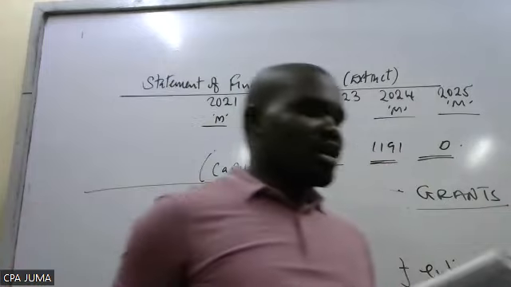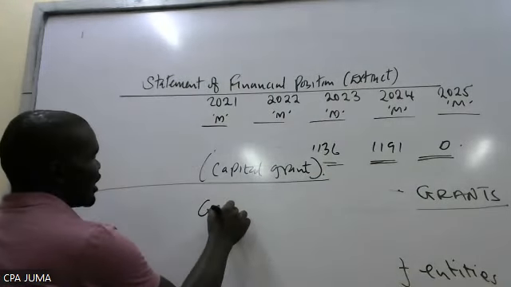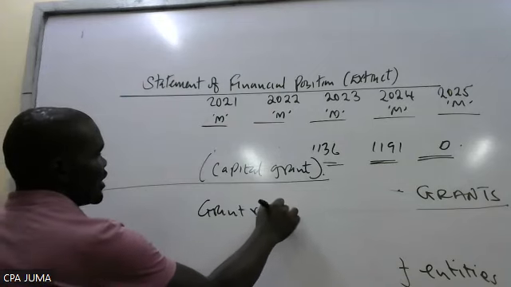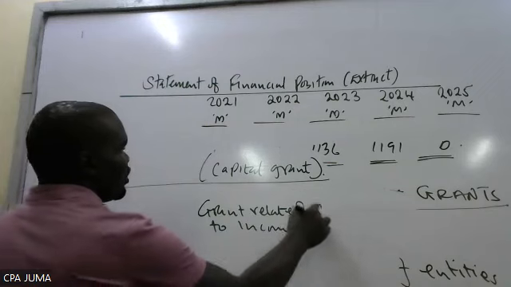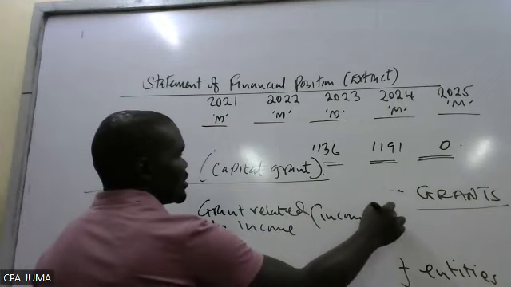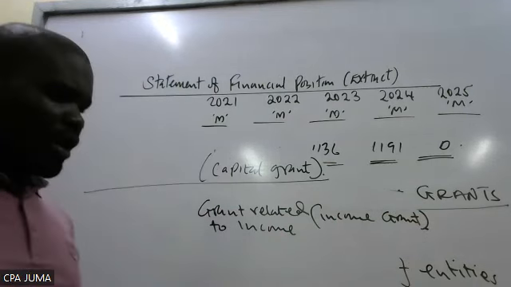Number next, grant related to income. This is known as income grant.